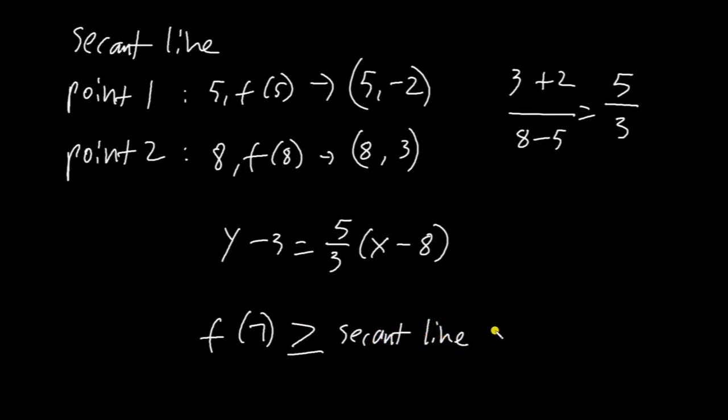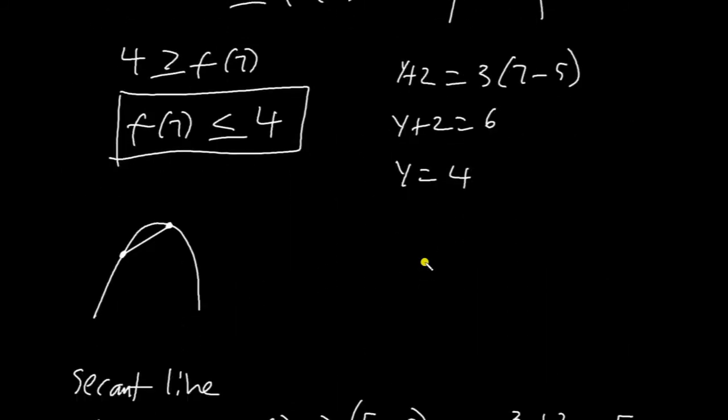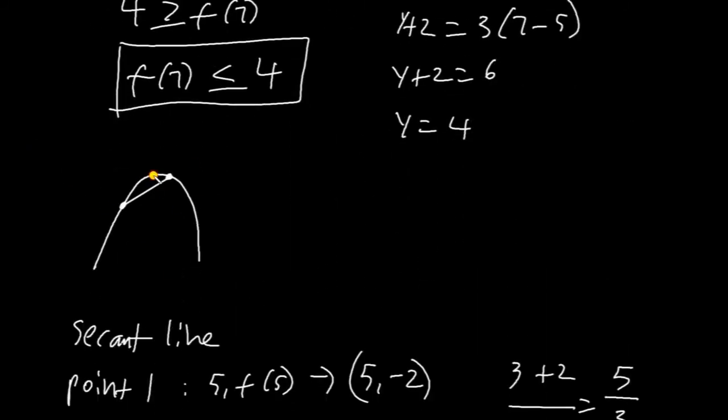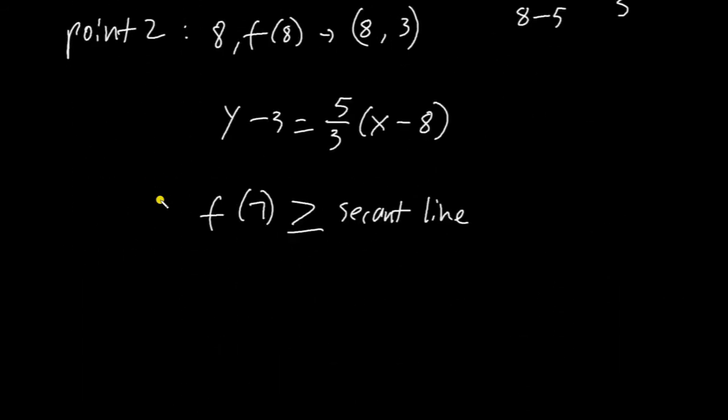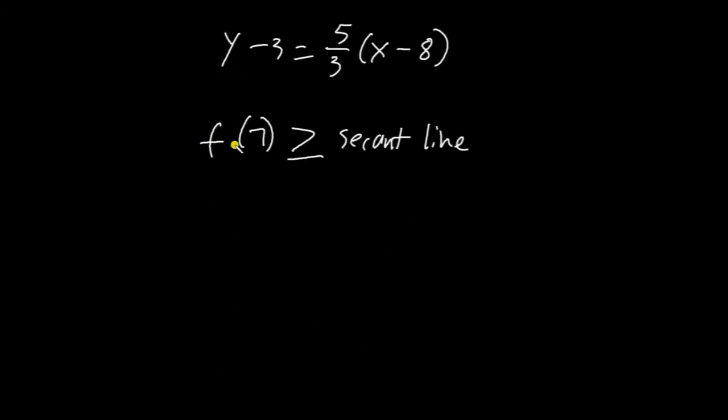For example, if this is x equals 7, the actual value of f of 7 is greater than what the secant line says it's going to be. Sorry, not tangent line up there, secant line. It's greater than what the secant line said it would be.